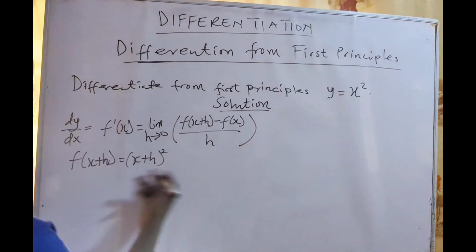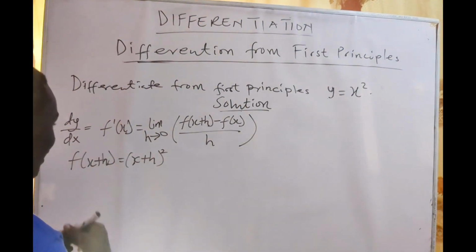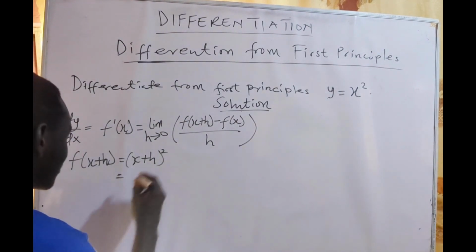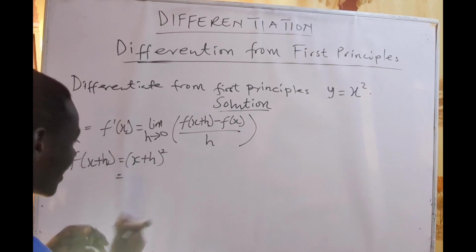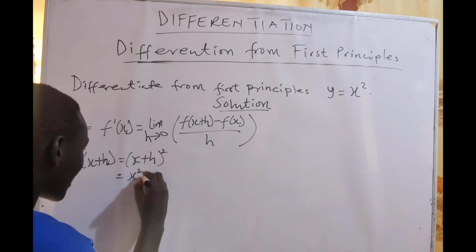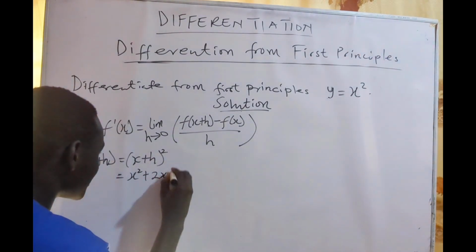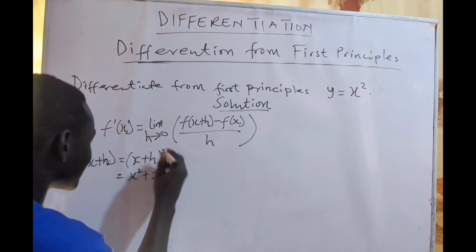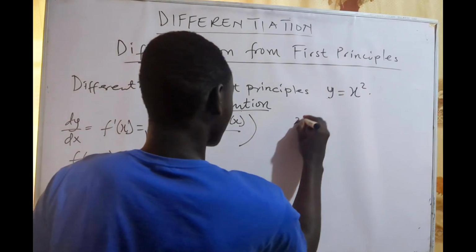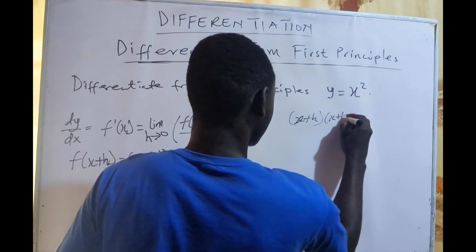Now we need to expand this expression. We can expand x plus h squared as x squared plus 2 multiplied by x multiplied by h, 2xh, plus h squared. Or we can do it this way: x plus h times x plus h.